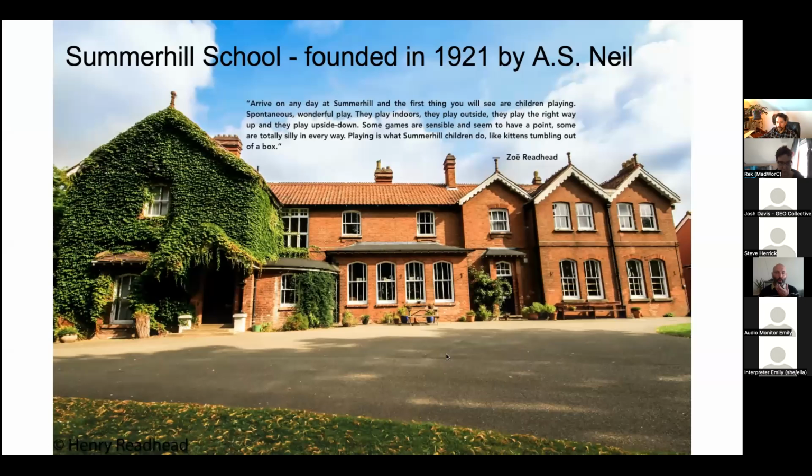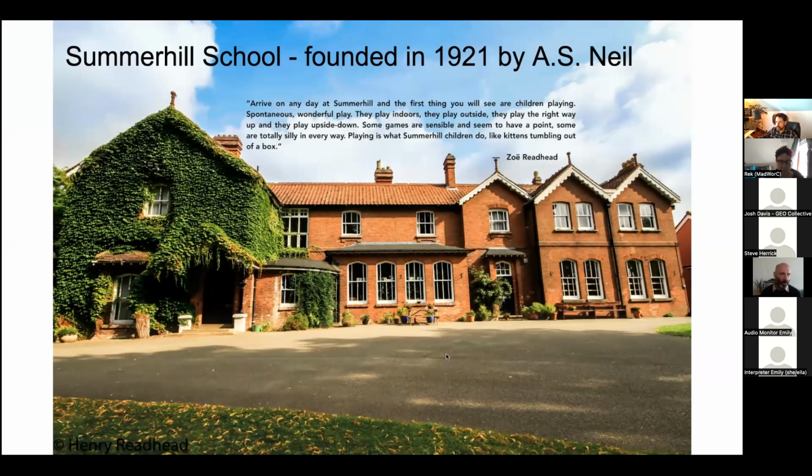Another school inspired by the modern schools was the Summerhill School in the UK, founded in 1921 by A.S. Neill. The Summerhill School is a boarding school that is democratically run by students and staff together.